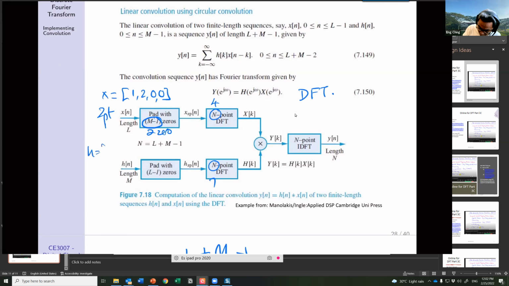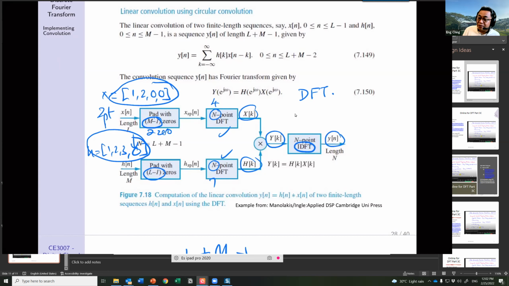My h was 1, 2, 3. So I pad 1 extra 0 here to make it a 4-point DFT. So I have 4 points of x and 4 points of h, and then I can generate X and H, and multiply them together. So I have Y. Once I have Y, to get y[n] back, I perform inverse DFT.